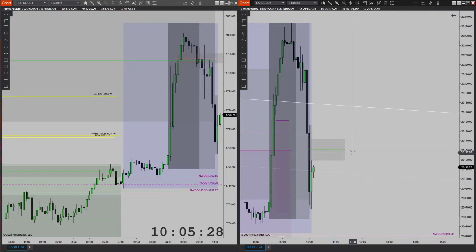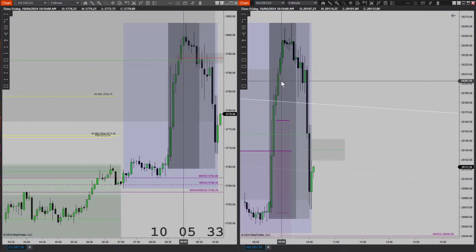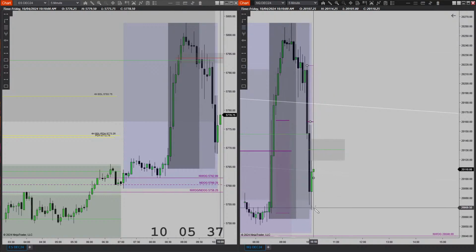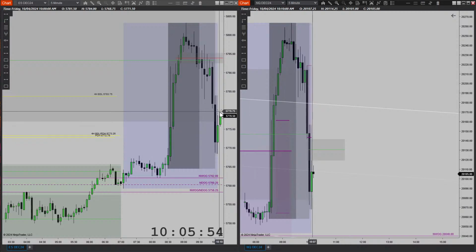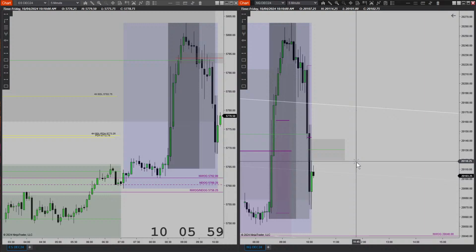Maybe this whole imbalance gets rebalanced, but I don't expect it to do anything else other than that. 143, that's about 30 points that I'd be risking. One of them drew into that, the other one didn't.